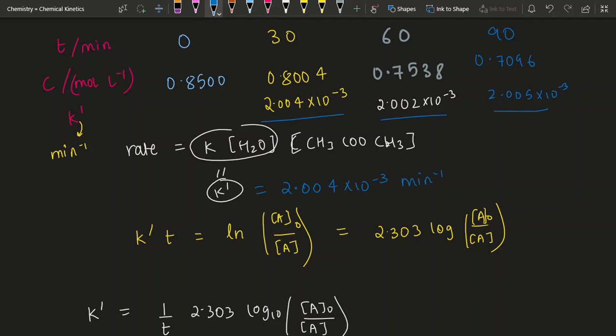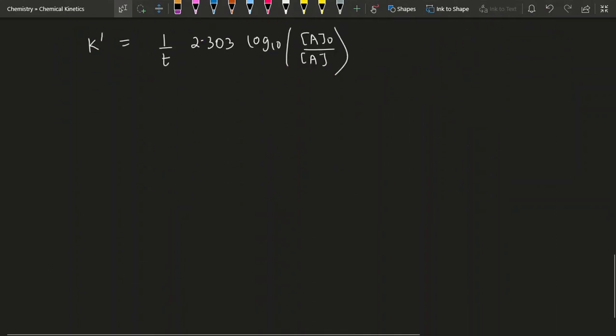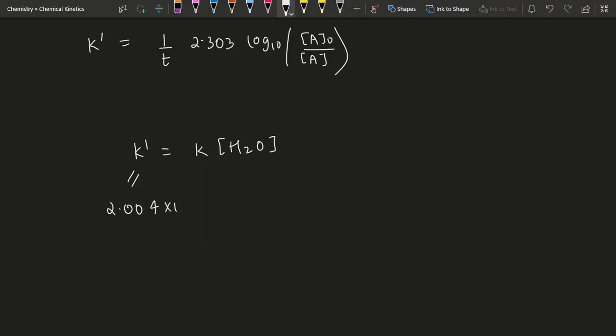And from this you can try finding out the original k, not the k dash. So you could now use the relation that k dash equals k times the concentration of H2O, and k dash in fact is 2.004 into 10 to the power negative 3 minutes inverse.